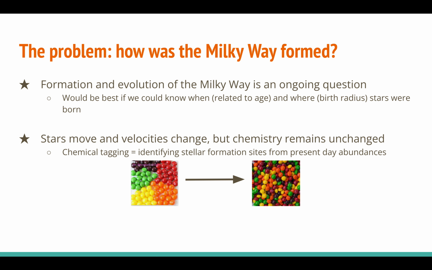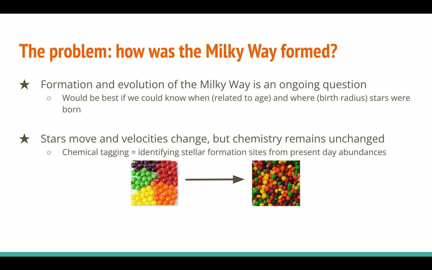This brings us to the idea of what's called chemical tagging, which is identifying stellar formation sites from present-day abundances. In order to visually understand this, pretend each color Skittle here represents a different birth group of stars, meaning that all the yellow stars were born at the same time and at the same place, and therefore have the same chemistry, and these are different from the orange, the red, etc. Now, over time, all these Skittles move, and we end up with this current day picture of everything being mixed.